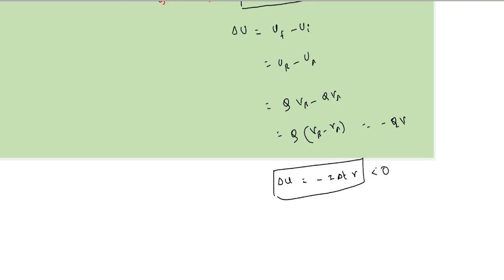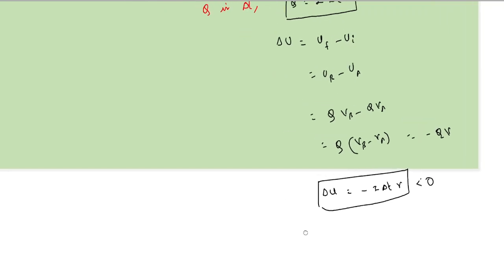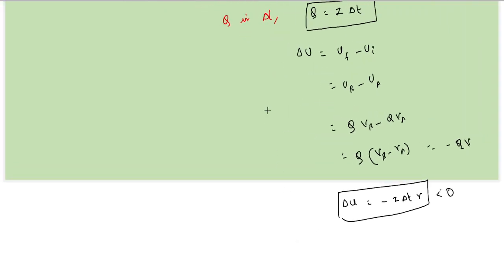In the case of a conductor where the charges do not make any collision, energy remains conserved. That would mean that the change in potential energy plus the change in kinetic energy is equal to 0.